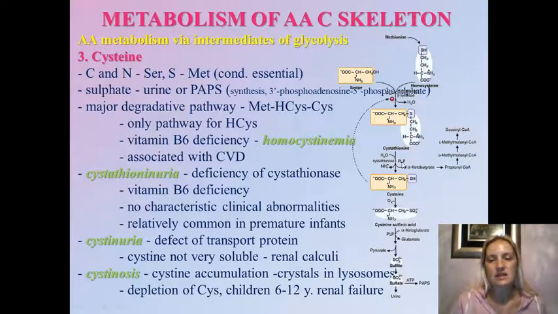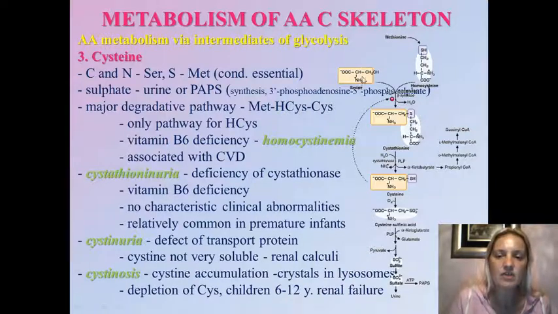Regarding cysteine, the story is pretty complicated and complex. The carbon atoms, as you can see from the figure, and the nitrogen atom originate from the serine molecule, and methionine donates only the sulfur atom. Because of this donation of the sulfur atom from methionine, cysteine is considered to be conditionally essential.